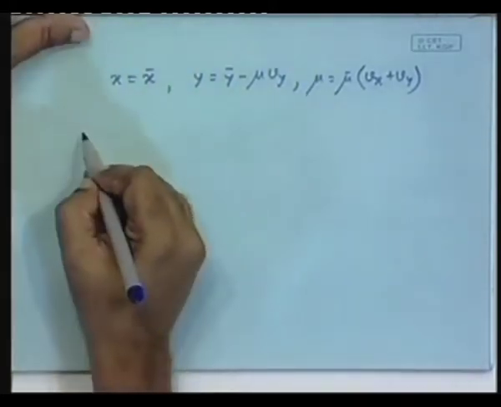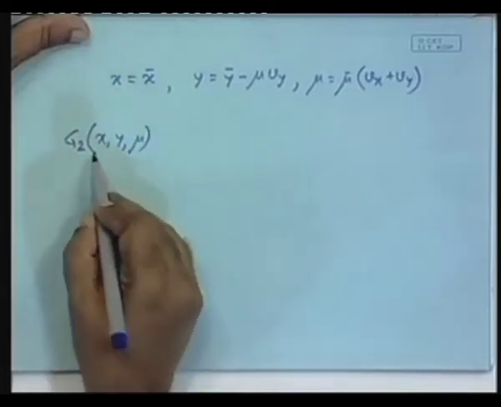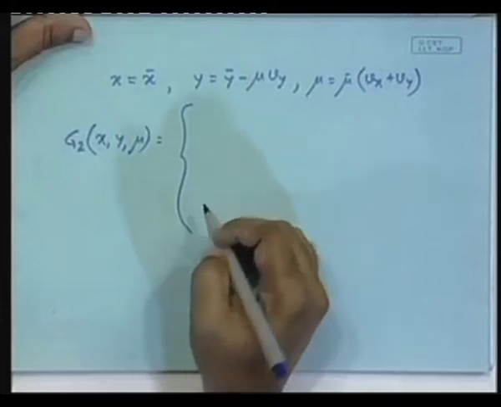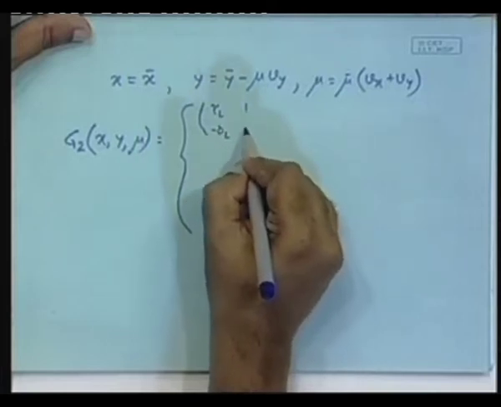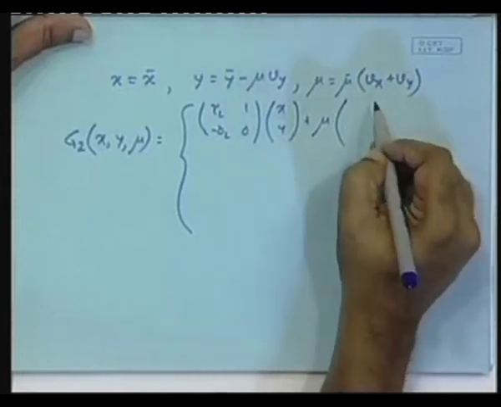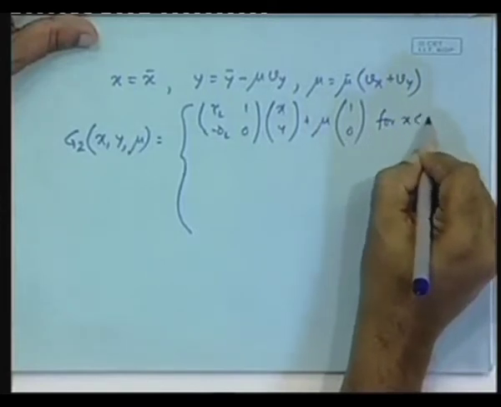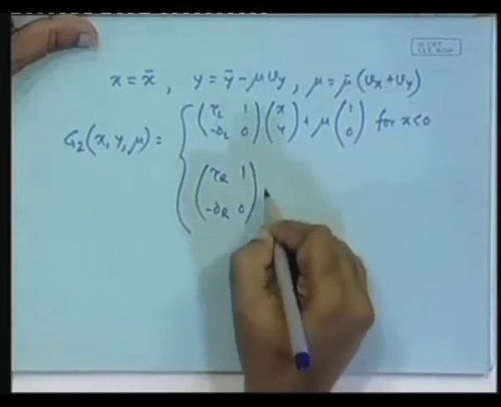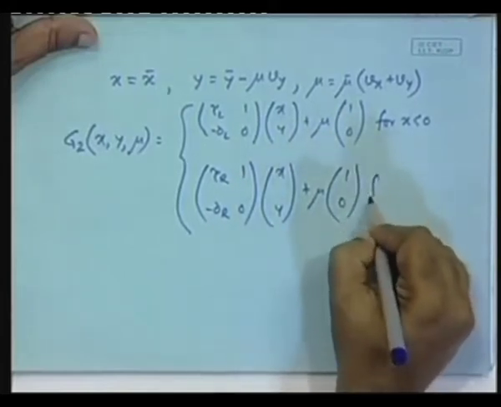In that case, your map will finally be written as x, y, mu, with x, y as the coordinates and mu as the parameter, is equal to tau L 1 minus delta L 0 x y plus mu for x less than 0, and tau r 1 minus delta r 0 x y plus mu for x greater than 0.